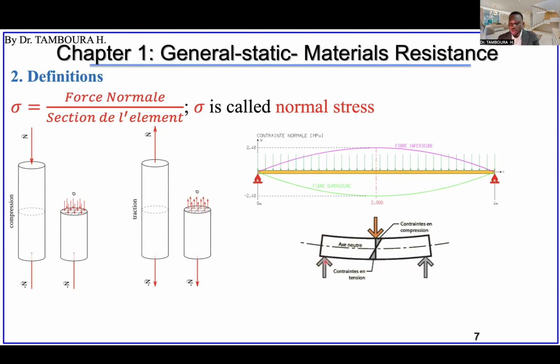We can see another illustration here. This can be a column, for example, and the force is coming here. If this is a slab, the bottom of this slab will be subjected to tension, however the upper part will be subjected to compression.